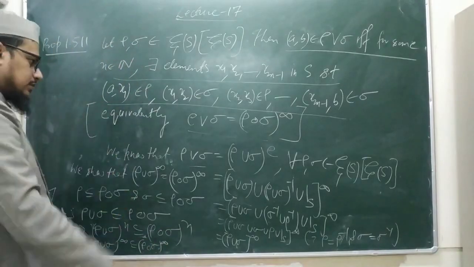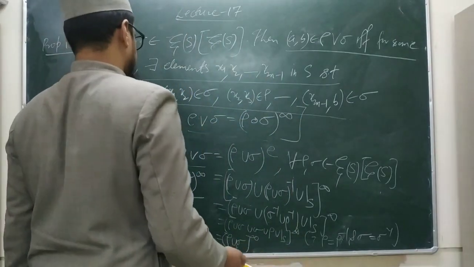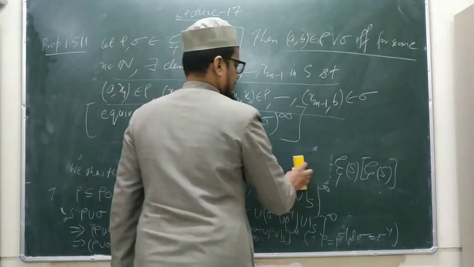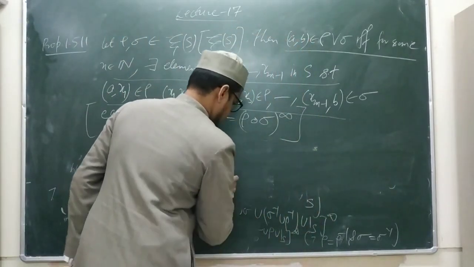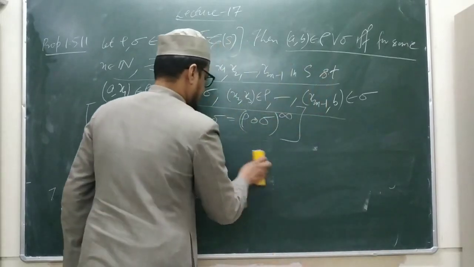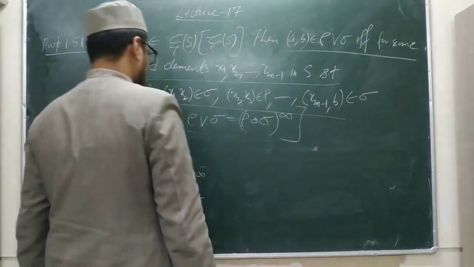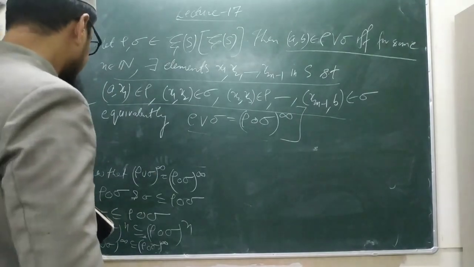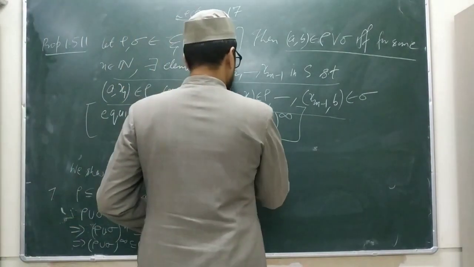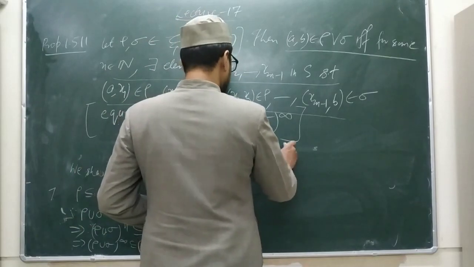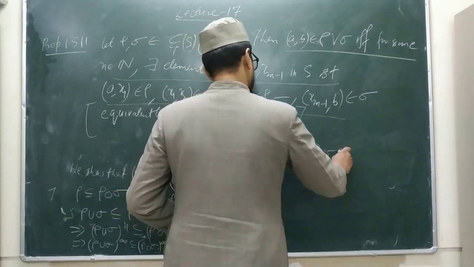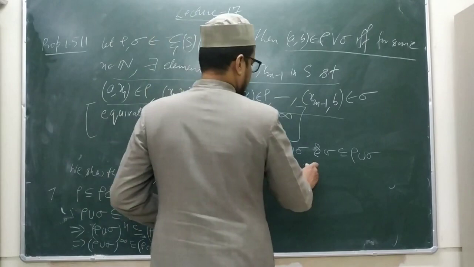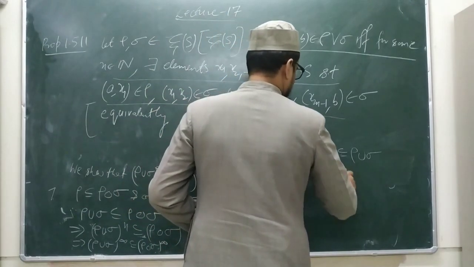Now we do the converse part. Since rho is contained in rho union sigma and sigma is contained in rho union sigma, therefore rho composition sigma is contained in rho union sigma composition rho union sigma.